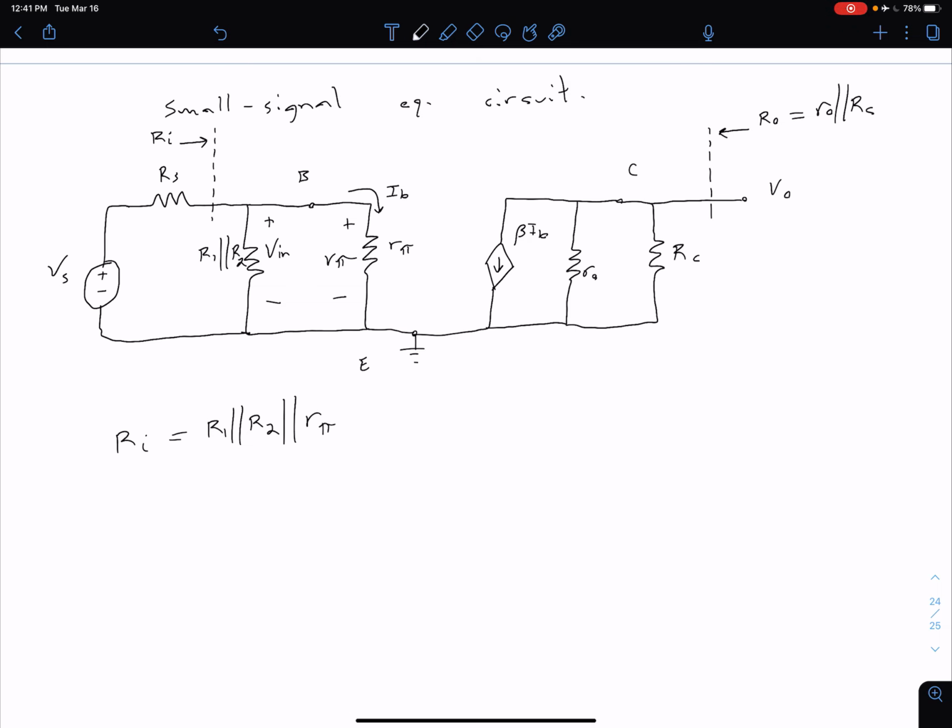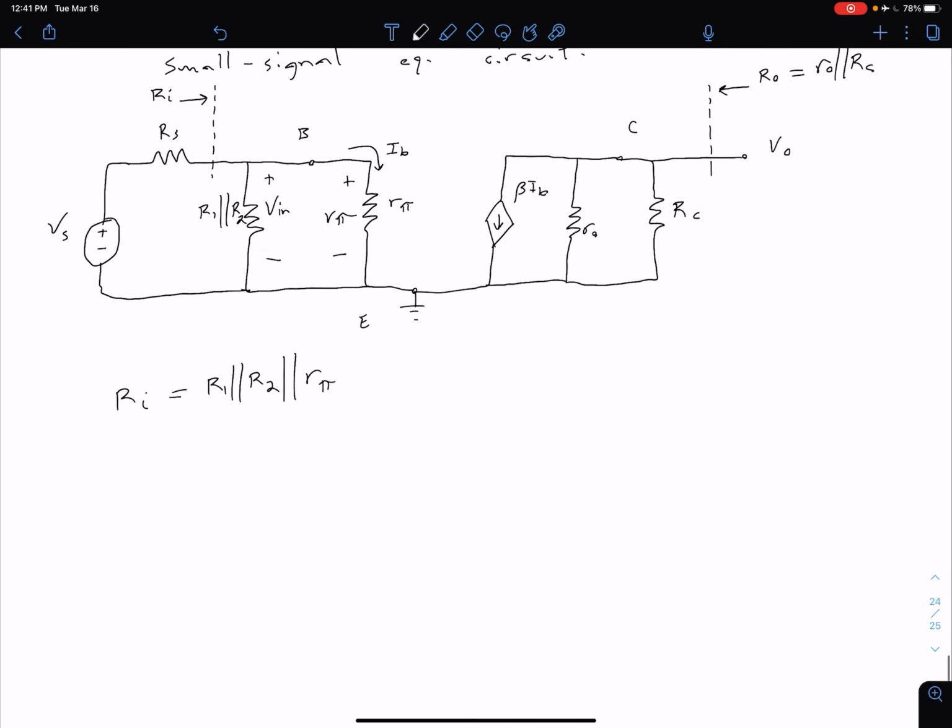so if we want to find our small signal voltage gain, what we want to do is find an expression for our output voltage, find an expression for our input voltage, and then relate the two to one another. So on the input side, we can use voltage division to say that that voltage Vin is going to be equal to our Vs times that Ri, our input resistance to the amplifier, divided by Ri plus Rs.